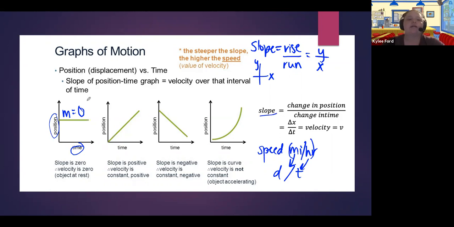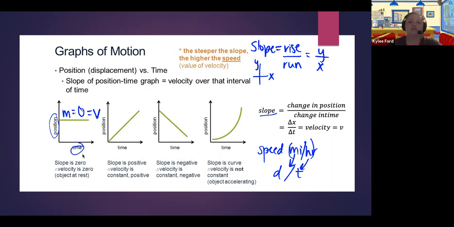This slope in the position versus time graphs is just a change in position over a change in time, or a velocity. So going back to over here, if our slope is 0, that also means our velocity is 0. So what does that mean?